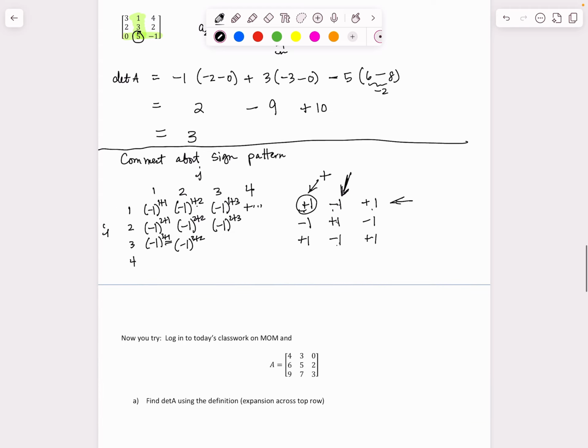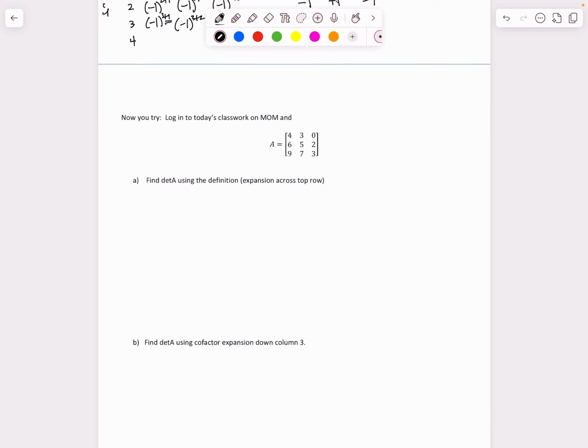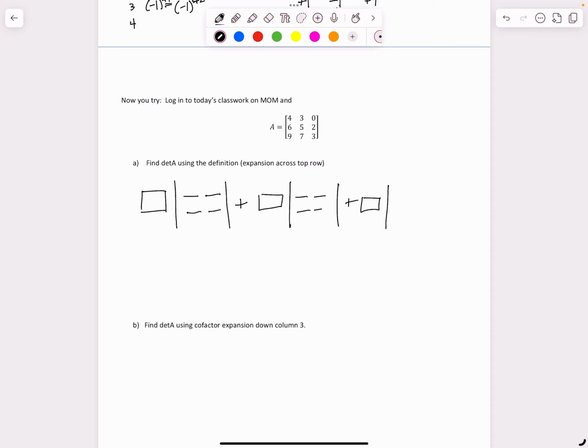Now I'd like you to try and pause the video, and then on MyOpenMath, do these 2 problems. When you're doing these problems, it's going to be scaffolded, so you have to show your steps in between. You'll see something like this, and you'll have 4 entries here, plus something here, 4 entries here, plus something here. This entry right here is that minus 1 to the i plus j, a ij, and just simplify it.